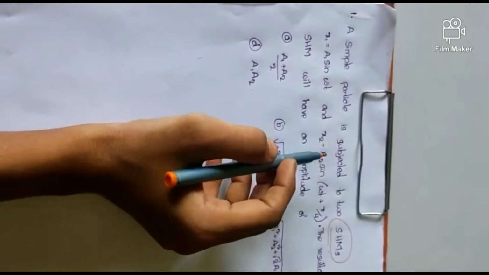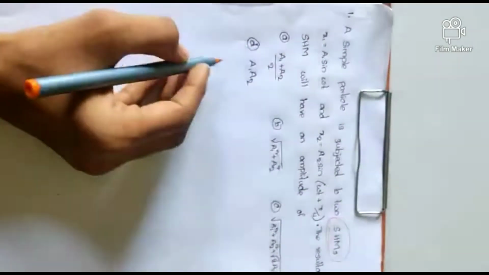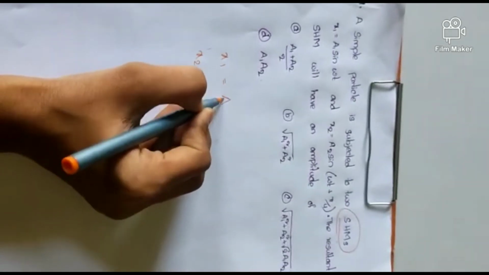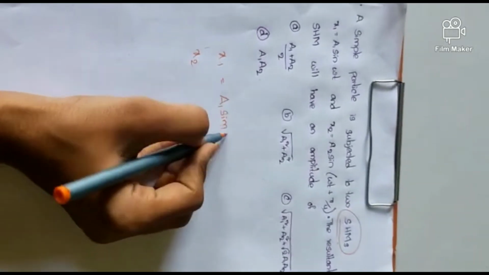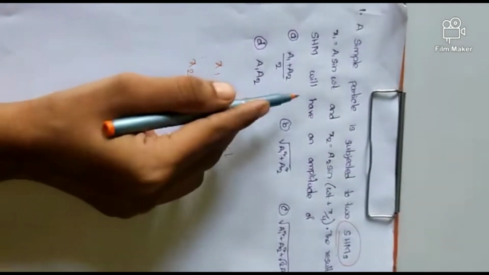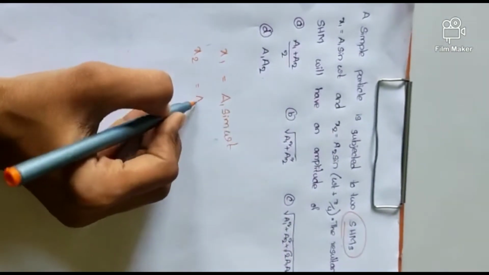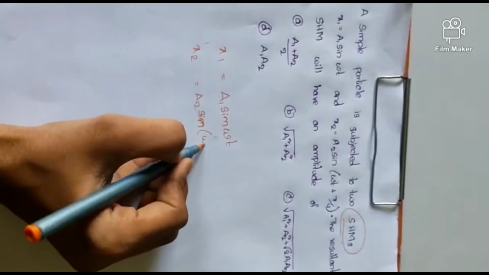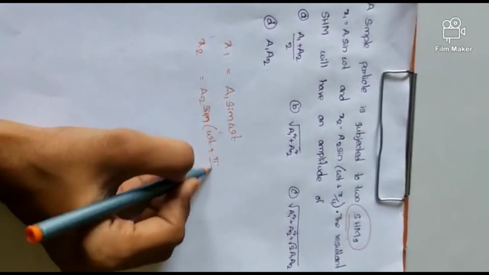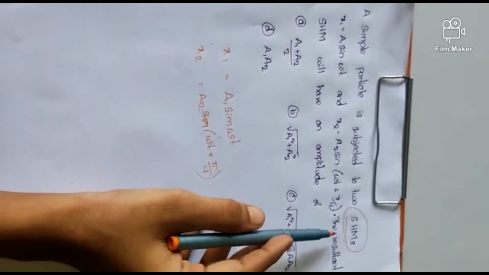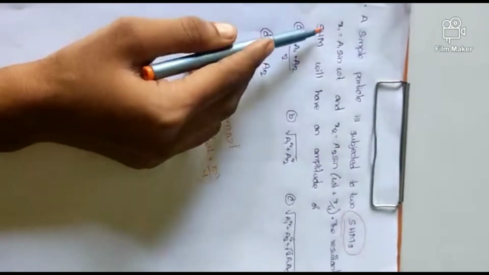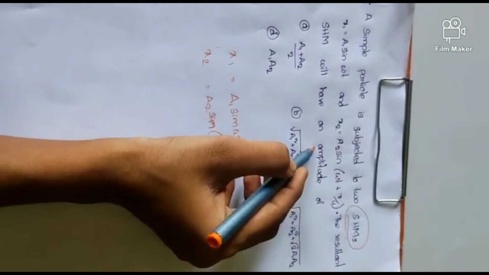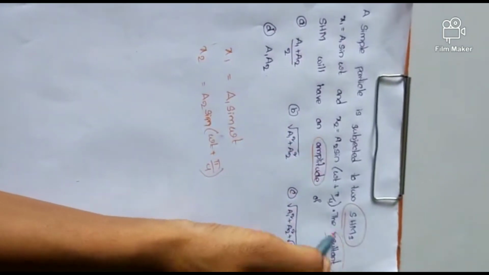In this question they have given two SHMs, x1 and x2. x1 is given as A1 sin omega t, and x2 is given as A2 sin(omega t plus pi by 4). They are asking us to find the amplitude of the resultant SHM. We have to find the resultant amplitude.